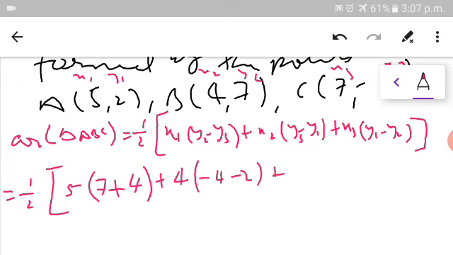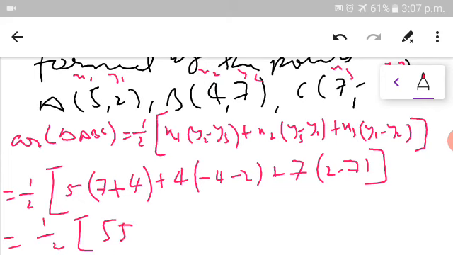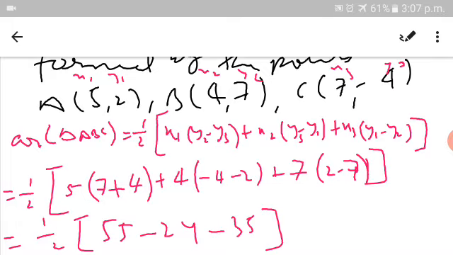Plus x3, that is 7, it means y1 minus y2, so this is 2 minus 7. So what you get? 1 by 2. 5 into 11 is 55. 4 into minus 6, 4 sixes are 24 with minus. And this is 7 into 2 minus 7, that is minus 5, minus 35. Isn't it? Right? And then we'll solve further.